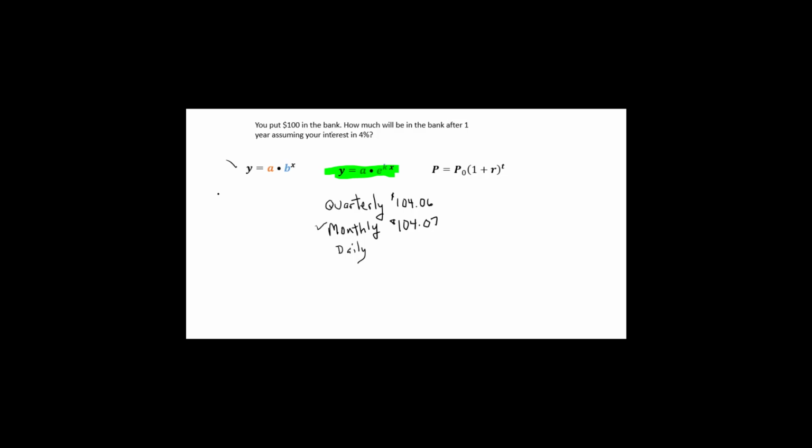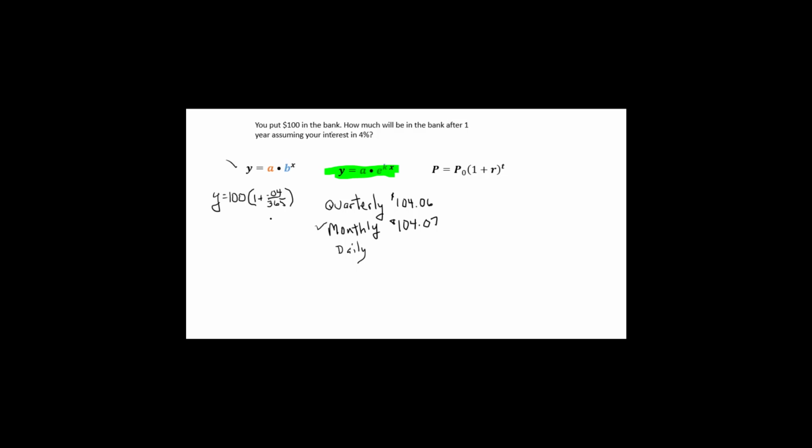So my initial value is $100. And B, it's going to be 1 plus the periodic interest rate, which is 0.04 over 365. And I can either put that in my calculator, just leave it like that.